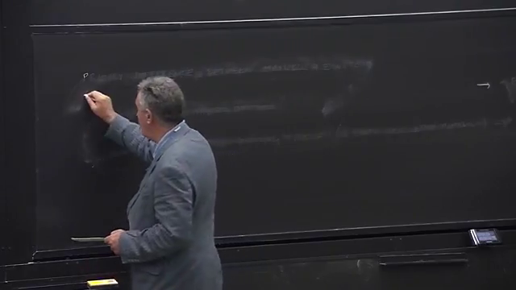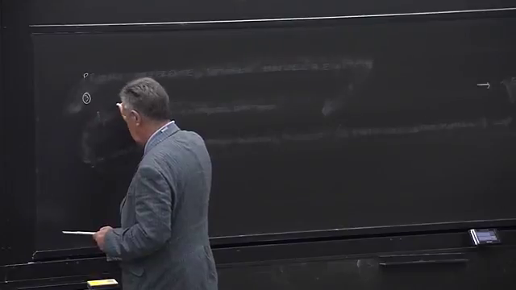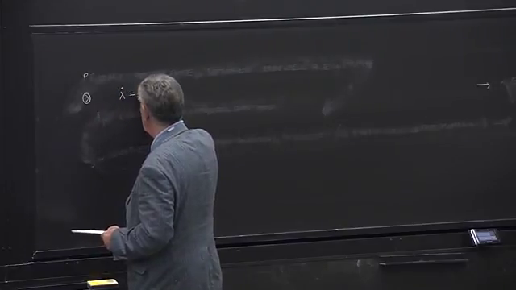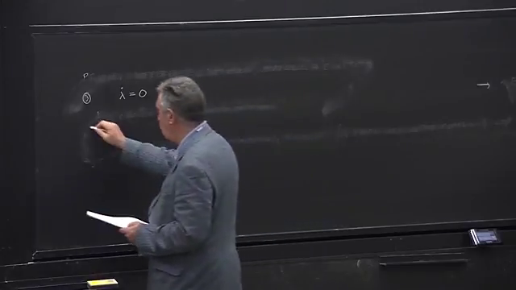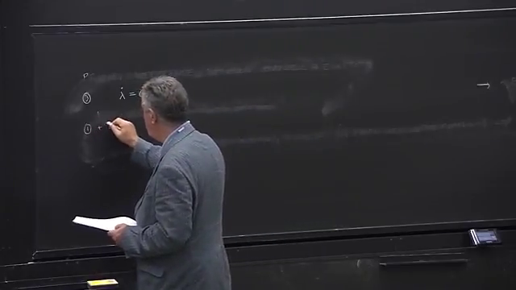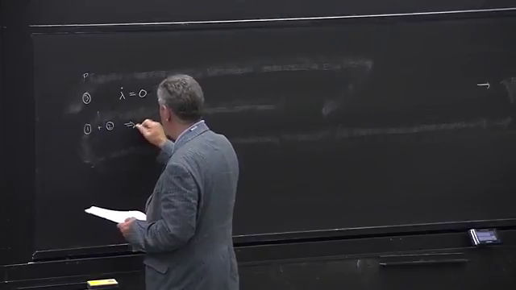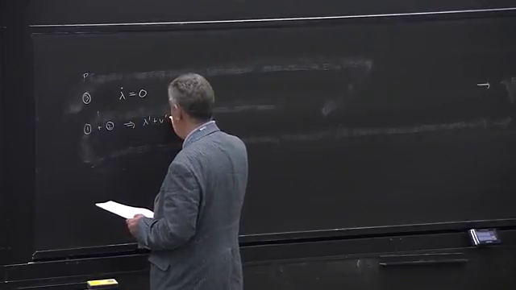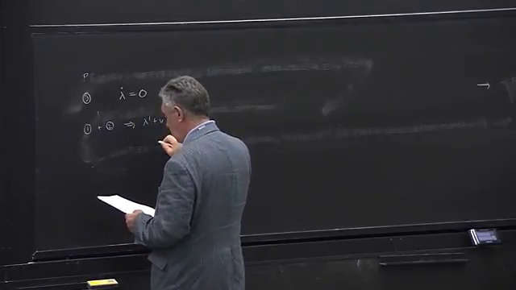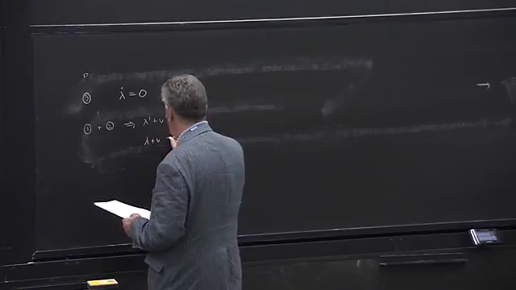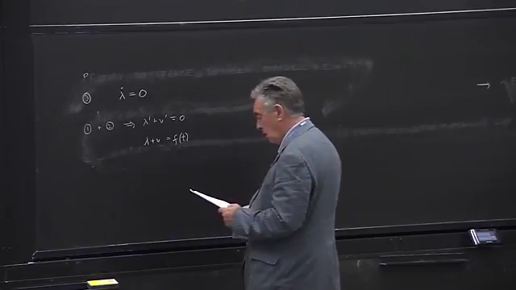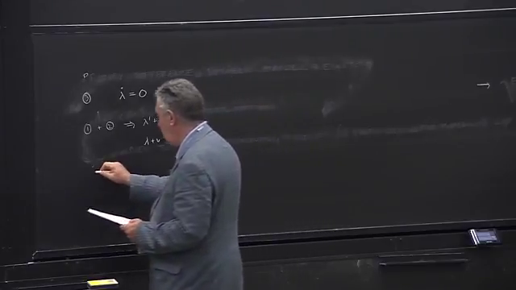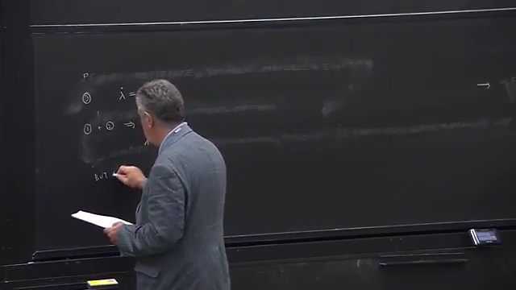And 3 immediately tells us that lambda dot is equal to 0. And then 1 and 2 imply that lambda prime plus nu prime equals 0, and that lambda plus nu is some function of t. But we can always choose the time coordinate.